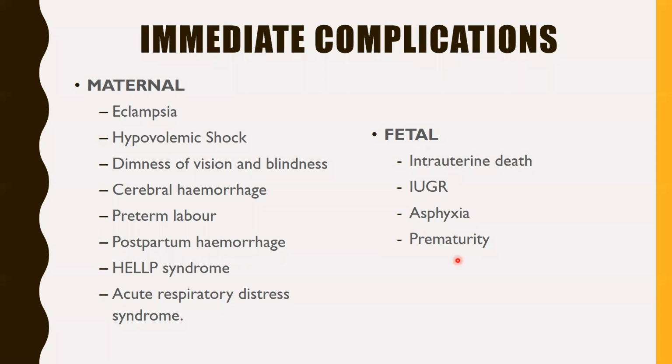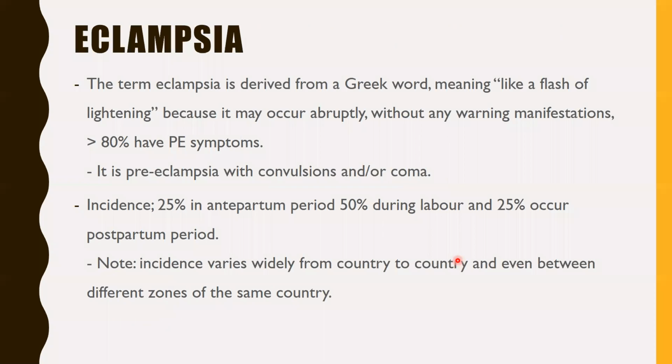Moving on, we're going to discuss eclampsia now, because we have seen that preeclampsia can progress to eclampsia. Eclampsia is derived from a Greek word meaning a flash of lightning, and this is because it may occur very fast without any warning. But it should be noted that more than 80% of patients who present with eclampsia may have already shown symptoms of preeclampsia.